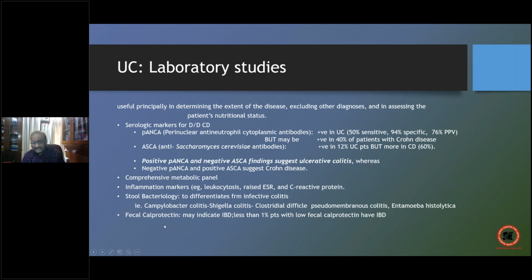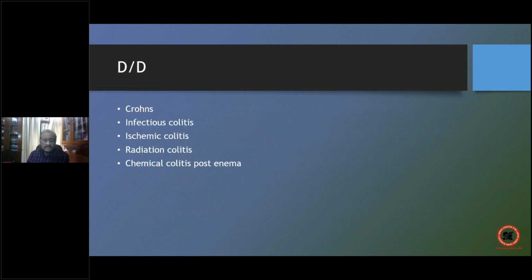A fecal calprotectin may be indicated; estimating this marker is indicated in patients of inflammatory bowel disease, and with a low calprotectin level, these patients would have a low incidence of inflammatory bowel disease. The differential diagnosis, as said earlier, is from the other types of inflammatory colitis and chemical colitis usually found with repeated enemas.